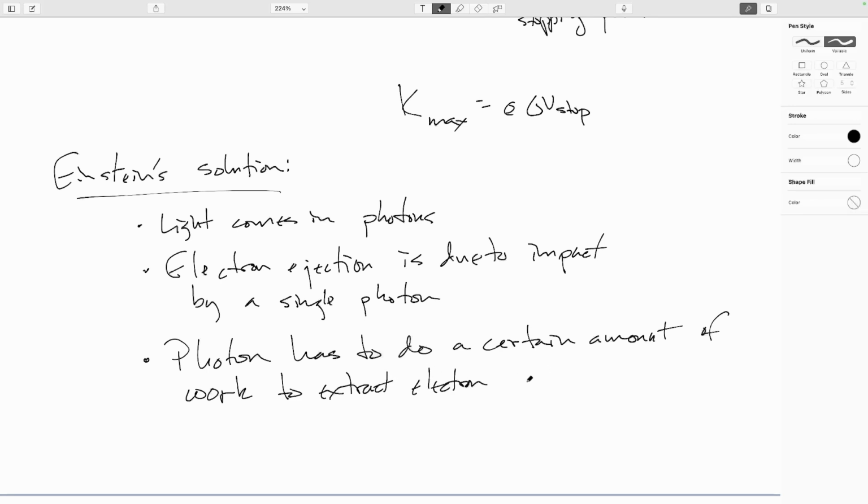This gets called the work function. I'll call it E sub 0, which is not to be confused with rest energy from relativity. Some books call it phi.